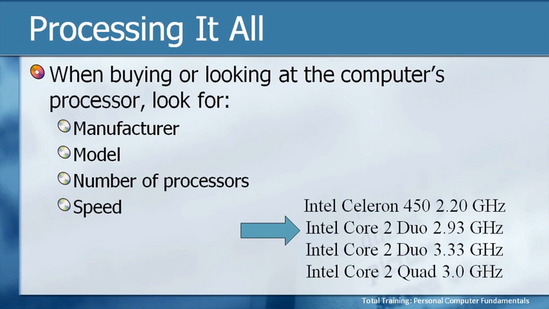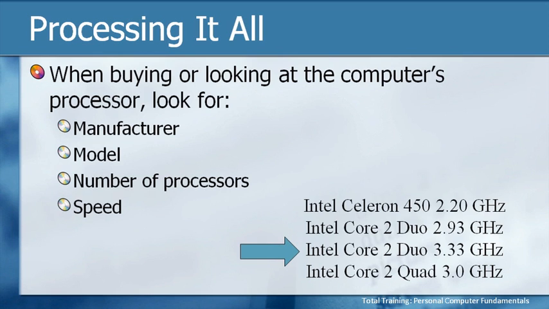The Core 2 processors process things differently, so it automatically makes it a little bit faster than the Celeron. In addition, it's also operating at 2.93 gigahertz, which is a bigger number than 2.2. So it both processes things differently, which makes it faster, and its actual speed is faster. So the second one is going to be possibly a better choice.